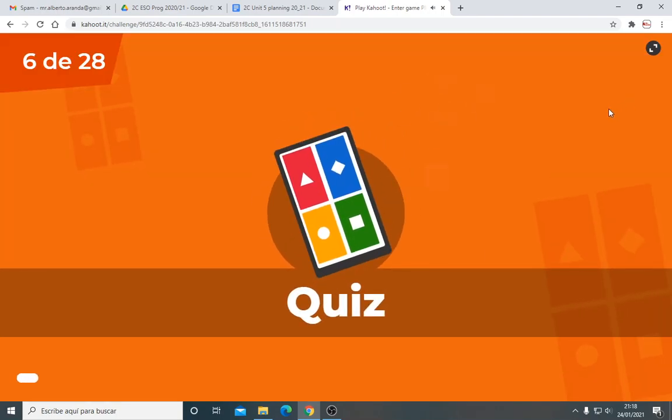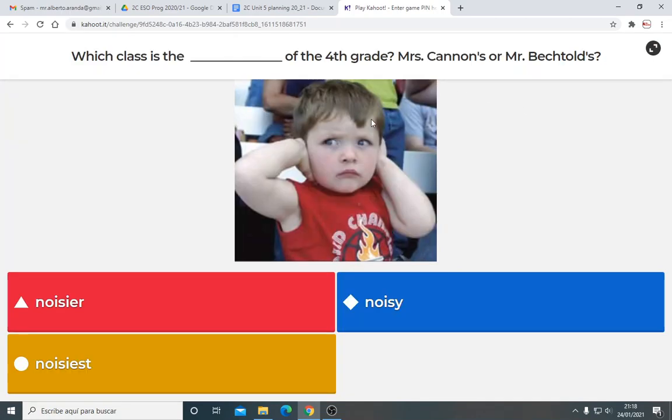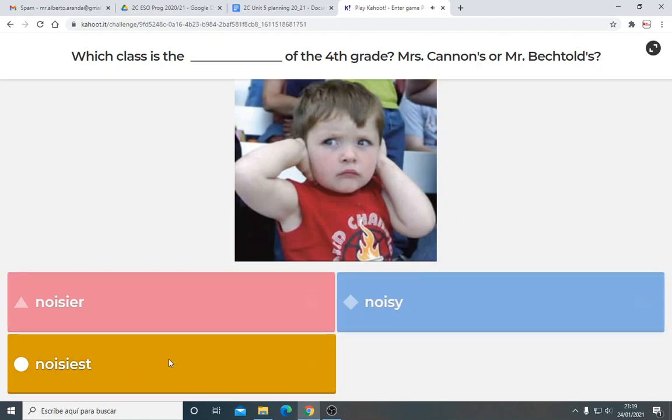Okay, 6. Which class is the, okay, again, this is a superlative. Noisy, the same. Noisy ends in Y, therefore, even if it's got 2 syllables, it takes EST, the noisiest.